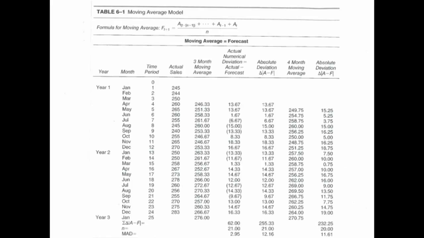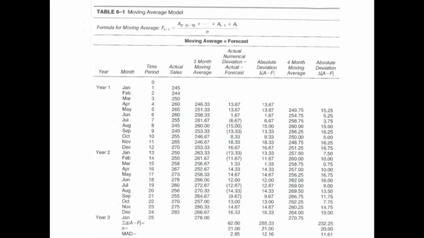At the end of columns 7 and 9 is the mean absolute deviation, or MAD, for each of the two moving average models. This number reflects the average monthly difference or accuracy between forecasted and actual sales and does not have the effect of washing out positive differences in some months with negative differences in other months.